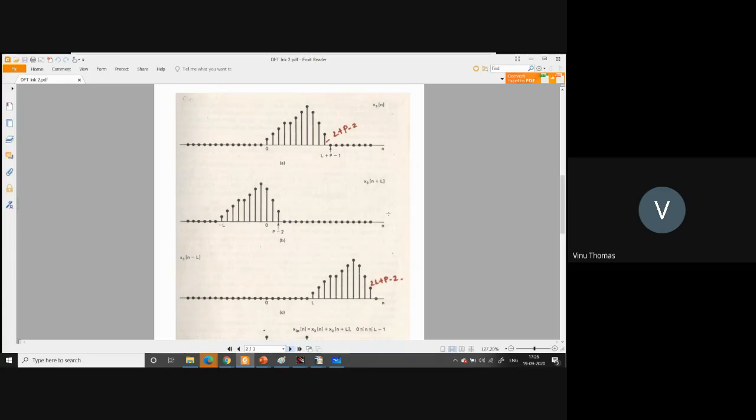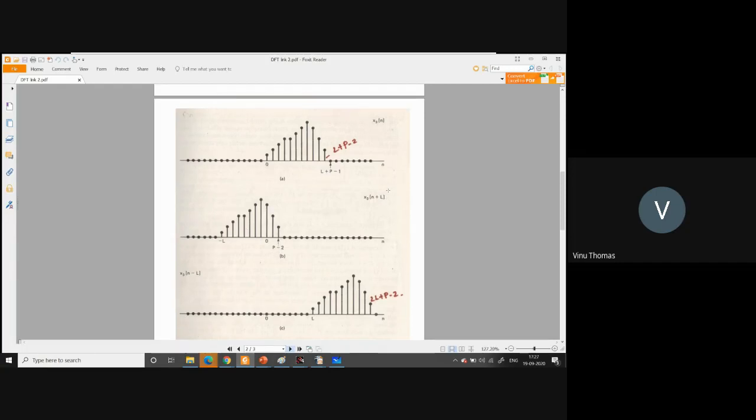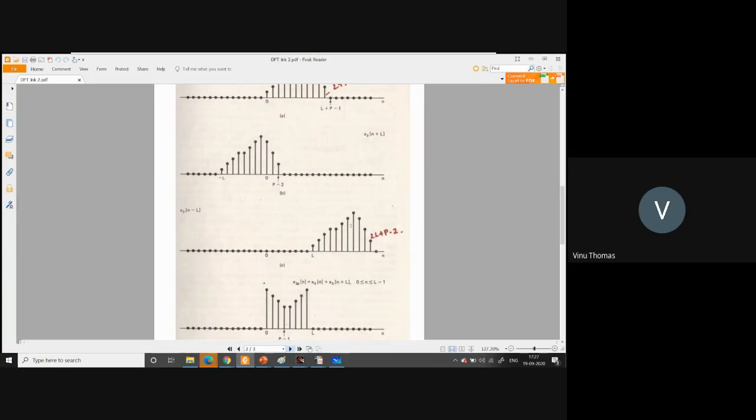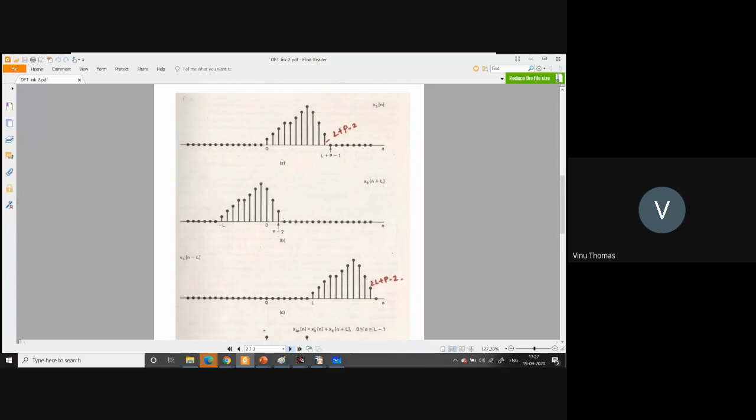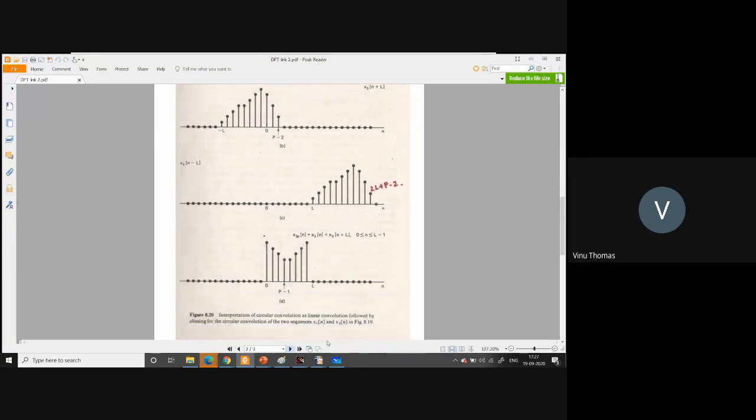We'll generalize and write x3[n plus L], and then this is x3[n minus L], shifted in the positive direction by 8 samples. Now we add x3[n] plus x3[n plus L] plus x3[n minus L], and then we look at the samples from 0 to L minus 1. So the samples from 0 to L minus 1 are mapped here.